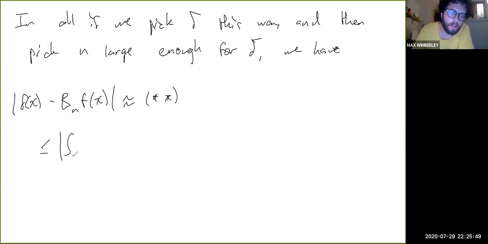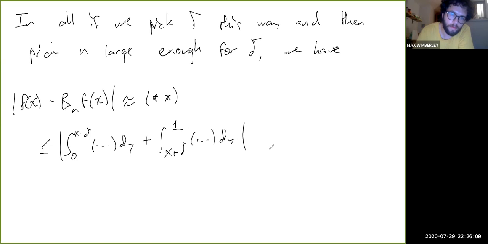So we have 0 to x minus delta, and I'm just going to put dot dot dot in here because it's the same thing in each one, plus the integral from x plus delta to 1, dot dot dot, plus the integral from x minus delta to x plus delta of dot dot dot.